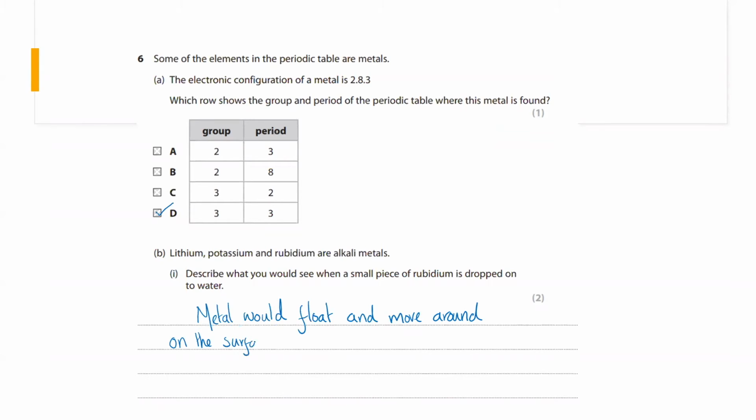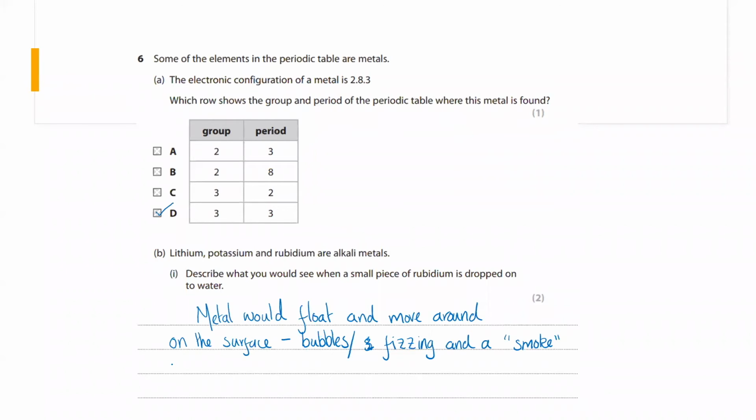You also see bubbles or fizzing, and a smoke, which is actually hydrogen. What you also see is a flame.